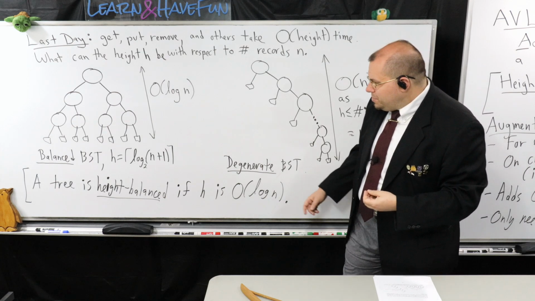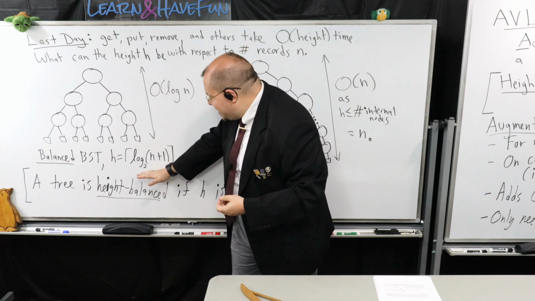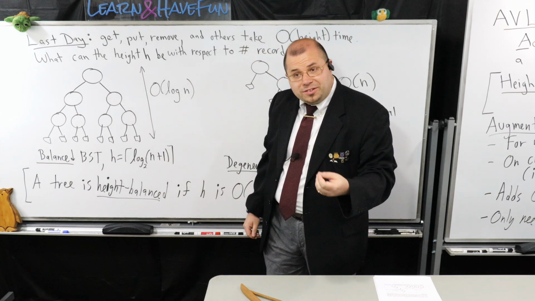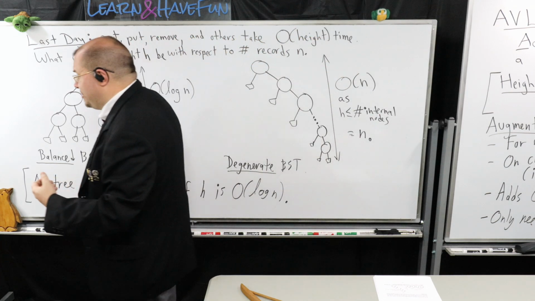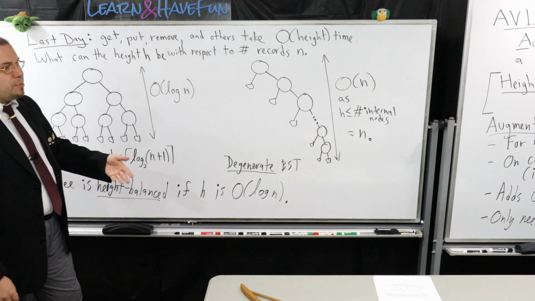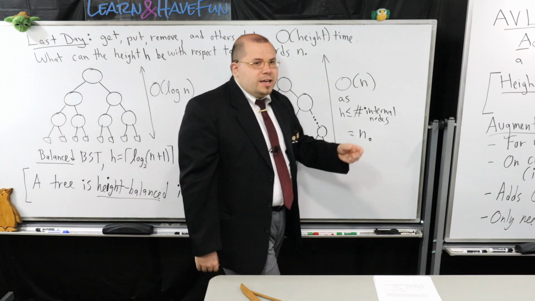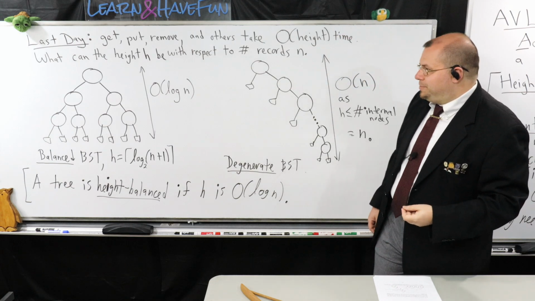Now, the height of such a binary search tree is going to be exactly equal to log base 2 of n plus 1, where n is the number of records. Because at the end of the day, we want to know what's happening with either the number of nodes or the number of records. Note that if ever we talked about the number of nodes in this representation, it only differs by roughly a factor of 2, a multiplicative factor of 2, right?